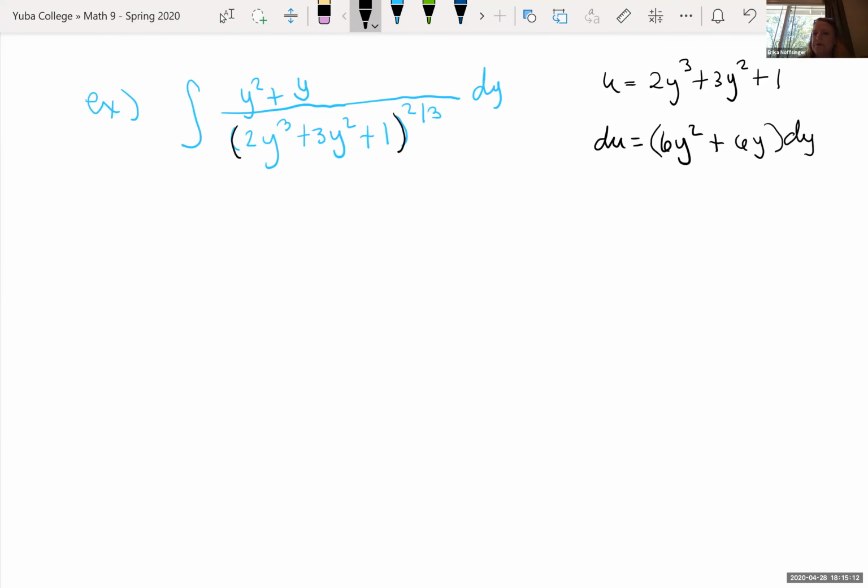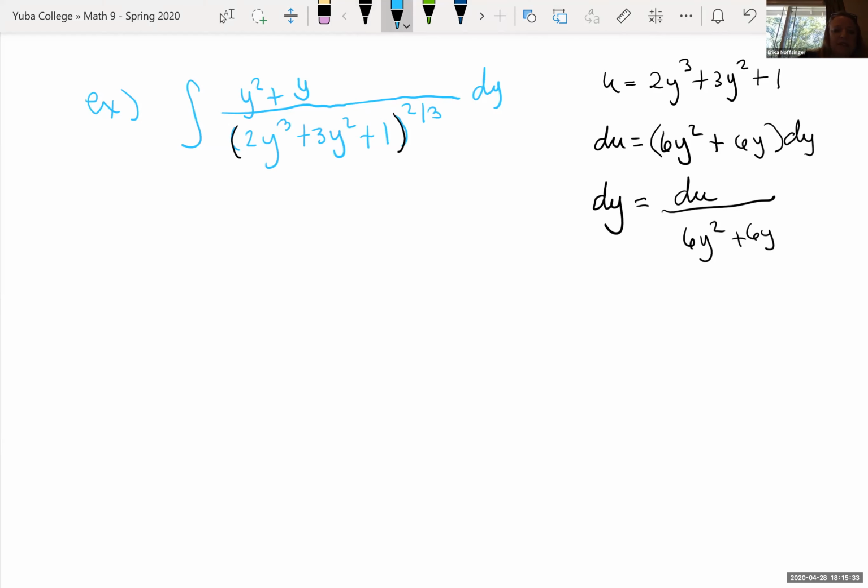So let's divide both sides by 6y squared plus 6y, and so we get dy, which we were looking for, is equal to our du divided by the parentheses 6y squared plus 6y.